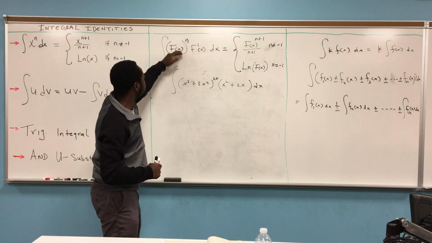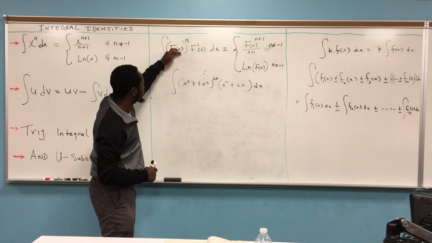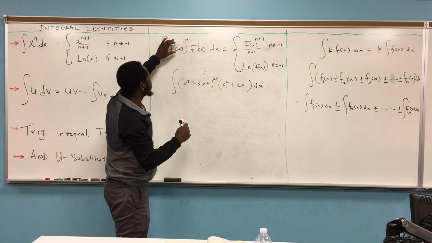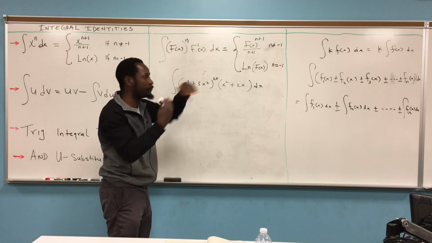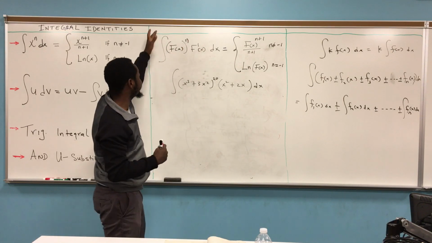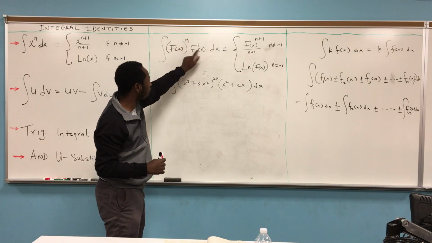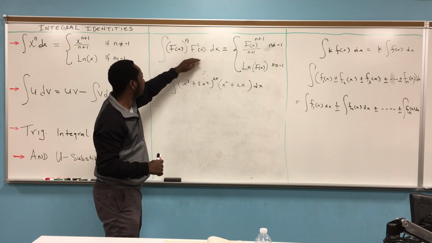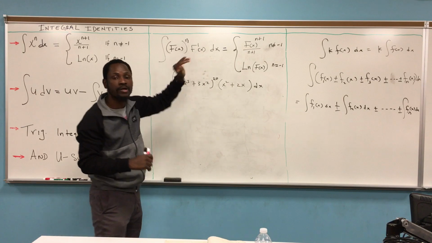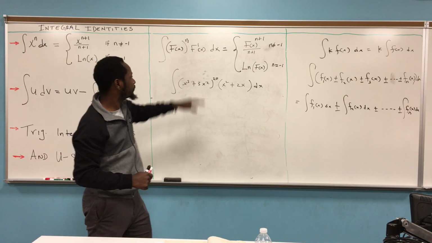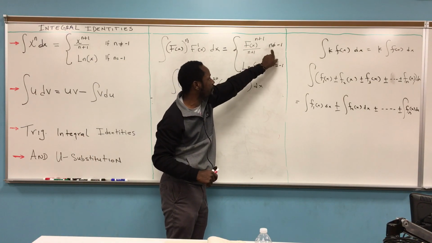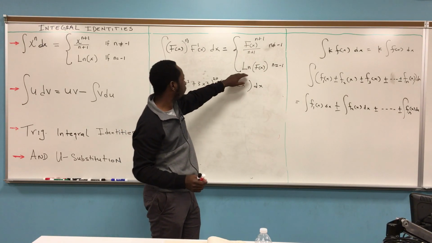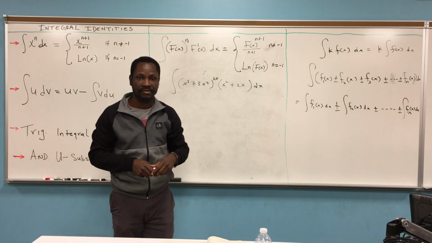This says if the derivative of this multiplies all this. If two functions are multiplied by each other and you want the integral, if one of the functions, the one without the exponent, is the derivative of the one with the exponent, then the result is this if n is not equal to negative 1, and equal to this if n is equal to negative 1.